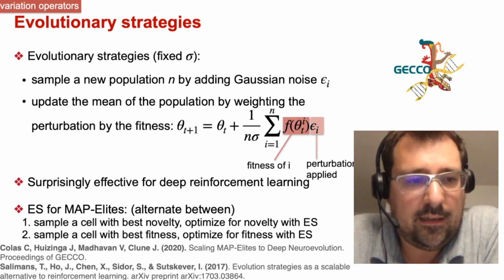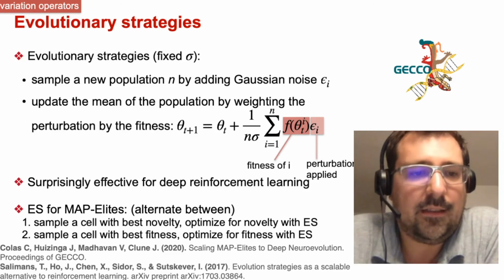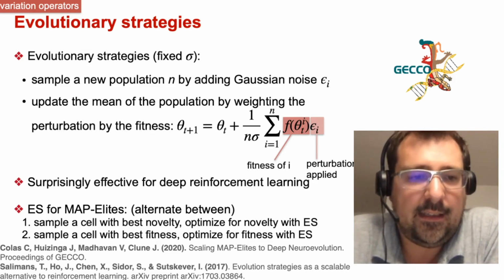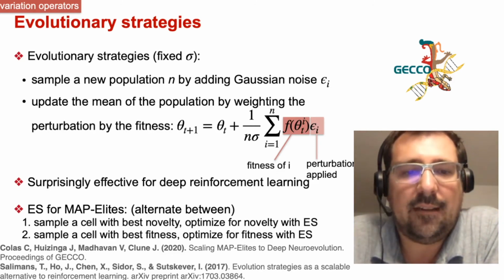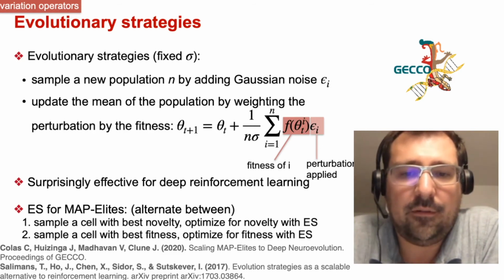And so in a very recent paper, Cédric Collat and colleagues proposed an evolutionary strategy applied to map edits. And the idea is to alternate between two strategies. First, they sample a cell with the best novelty, so a cell that has few neighbors, and then they optimize for novelty with the evolutionary strategy.